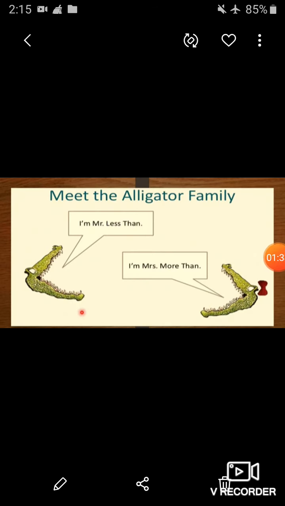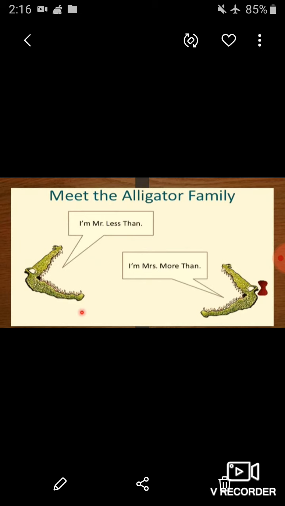Now let's meet the alligator family. So students, do you know the water alligator? Have you ever seen a crocodile? Did you see the crocodile or alligator?